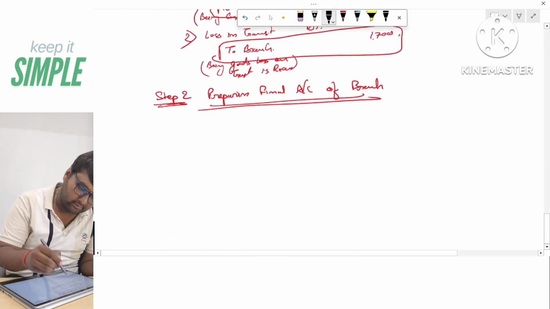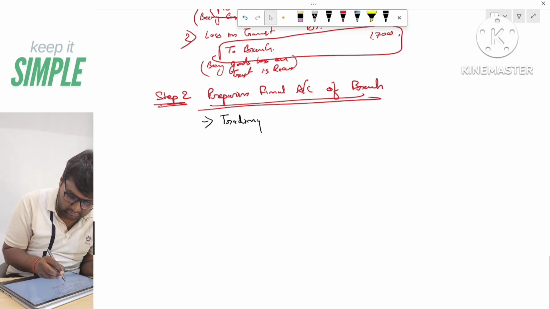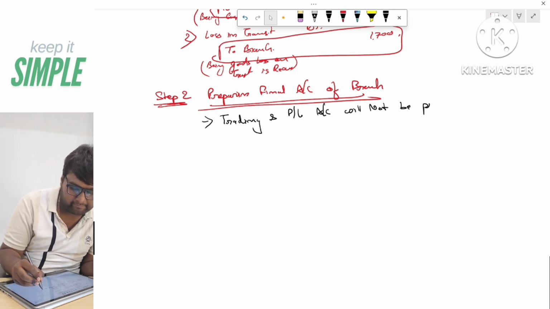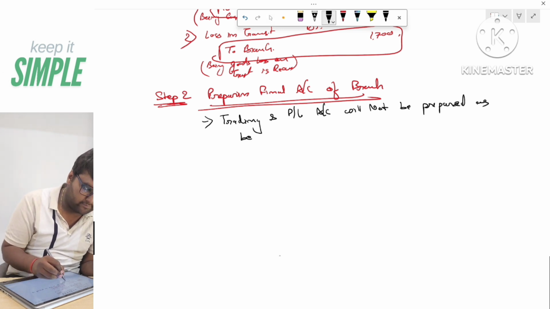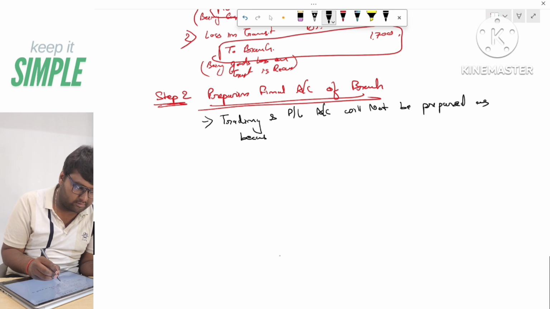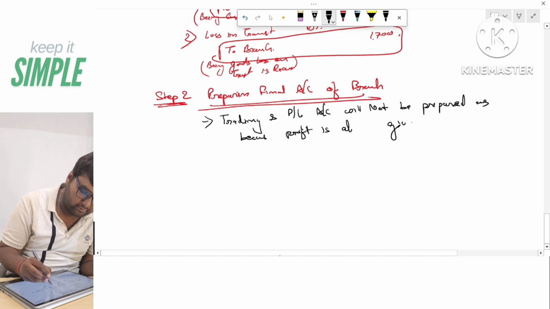So here trading and PL account will not be prepared because profit is already given.